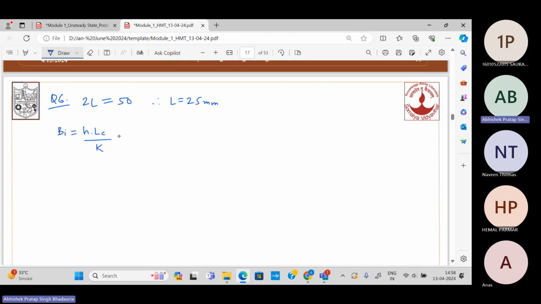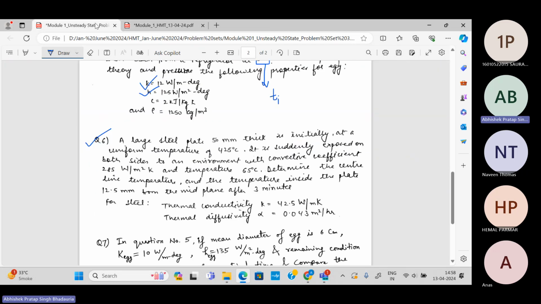This is h, the convective coefficient, 285. This is T infinity, 65.